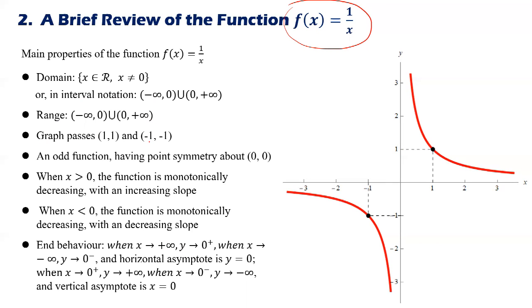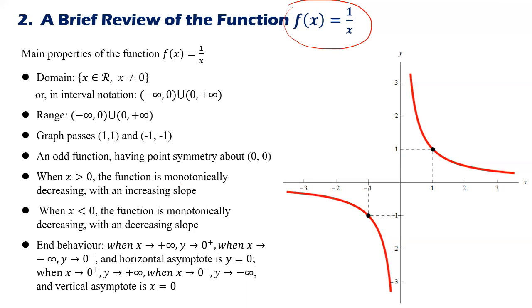This graph passes points (1, 1) and (-1, -1). These are the two typical points, right? And this function is an odd function, having point symmetry about the origin. And we can also see that when x is greater than 0, this function is monotonically decreasing with an increasing slope.